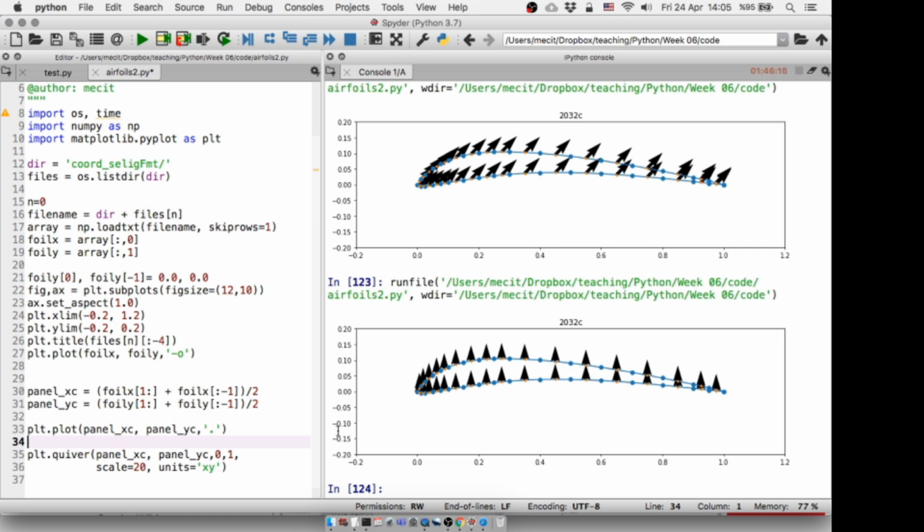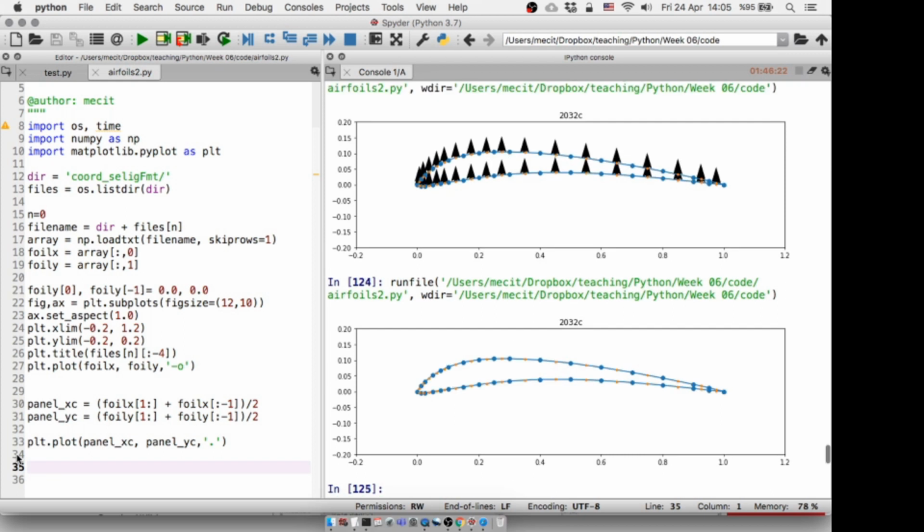Okay. Now, instead of these same vectors, how about I ask you the question? Let me bring back. Okay. Now, is it possible? Can you think of a way to plot the panel normals, the perpendicular vectors to the panels? Can I do that? How can I draw the perpendicular unit vectors that are perpendicular to each of these panels?